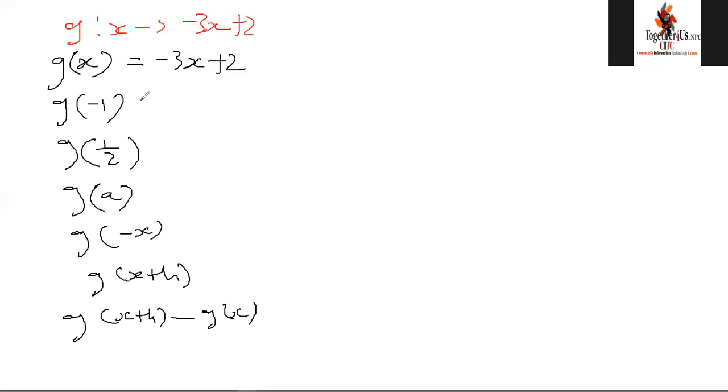In this case, g of -1, I have -3, I must put a -1 where I see the x, plus 2. Then this is negative times negative. Remember your multiplication, you have to use SNL, that is signs first, numbers second, letters or variables last.